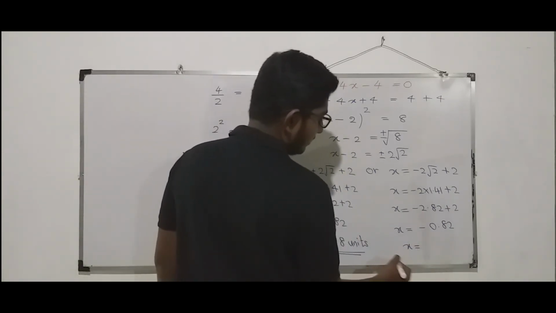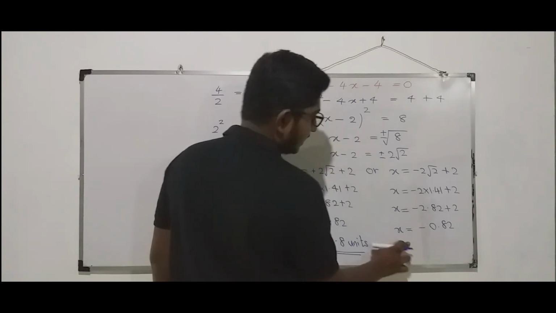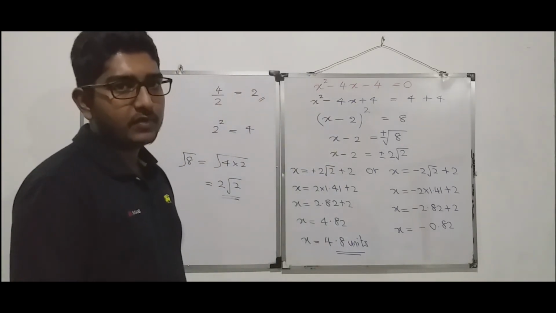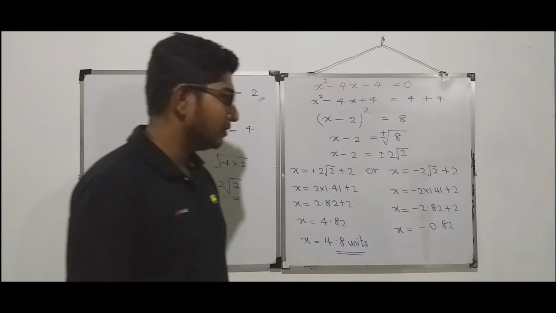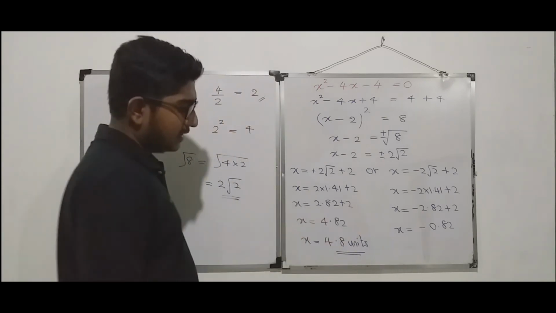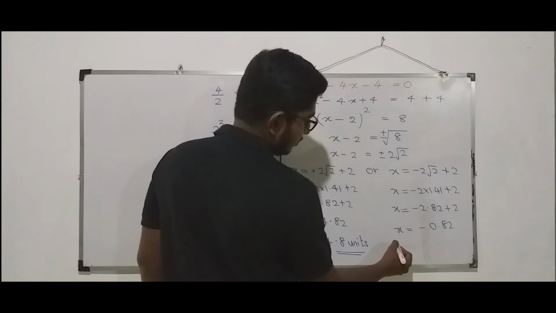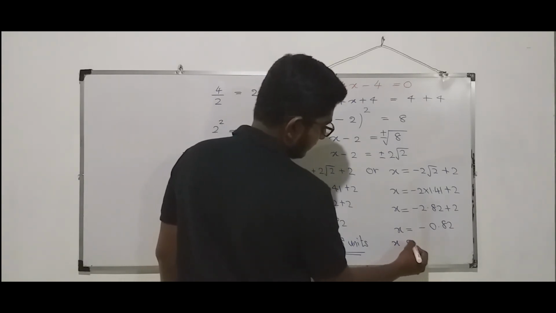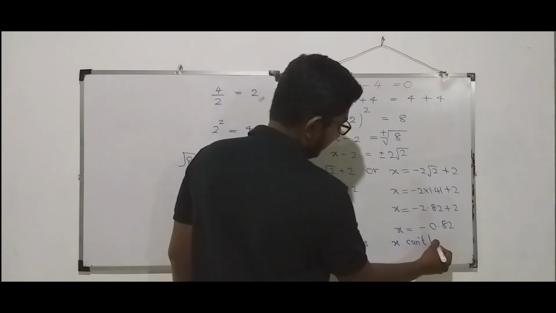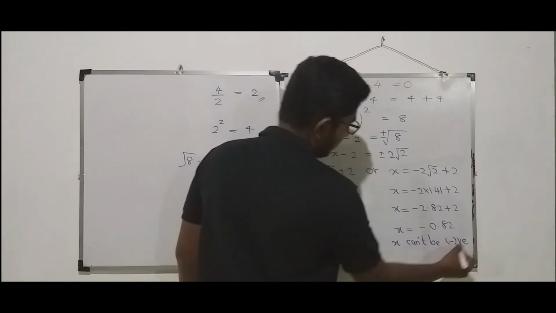This is negative, but this is not the correct solution. Why? x is a radius, it is a length. So length cannot be negative, so we can't write this answer as a suitable solution. We have to mention that x cannot be negative.